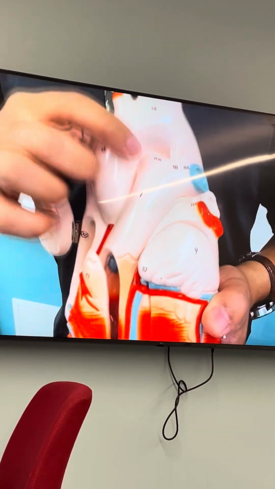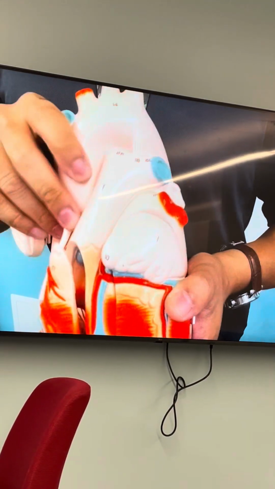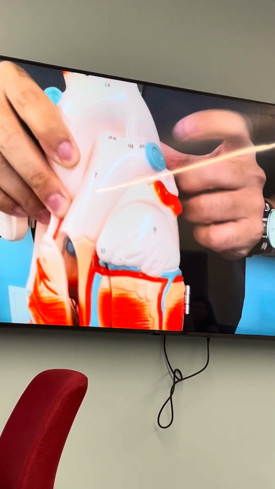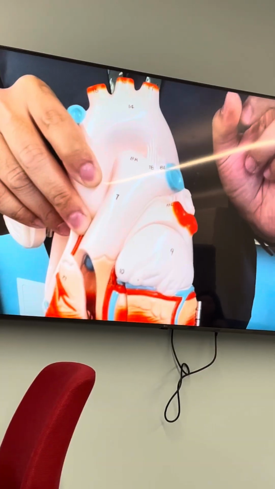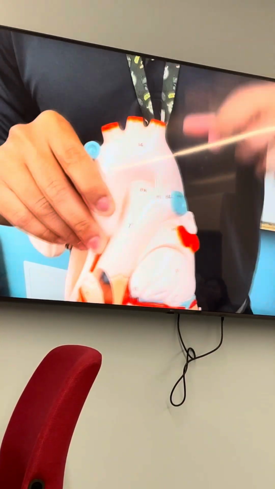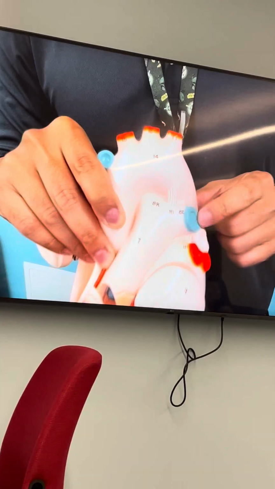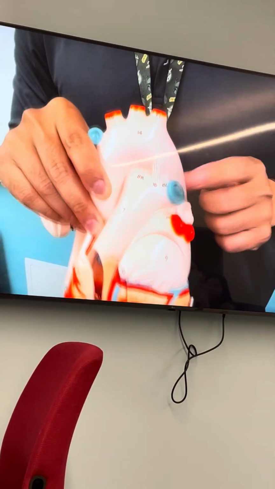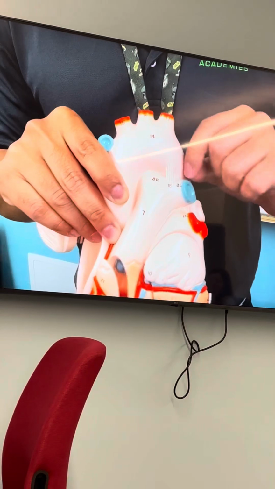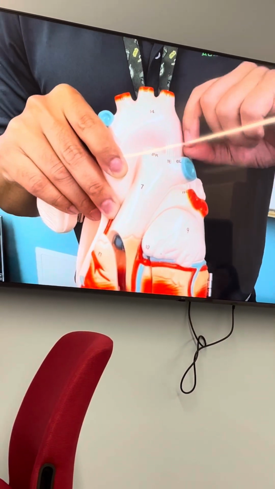Now notice here that the blood vessels are blue. This tells us that the blood here is still high in CO2 and low in O2. So this is the one exception in the body where we have arteries transporting deoxygenated blood. Cool? So the pulmonary arteries transport their blood to the lungs.